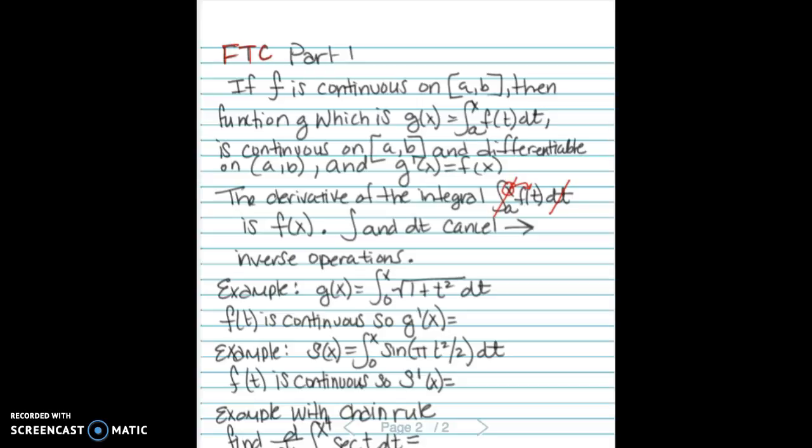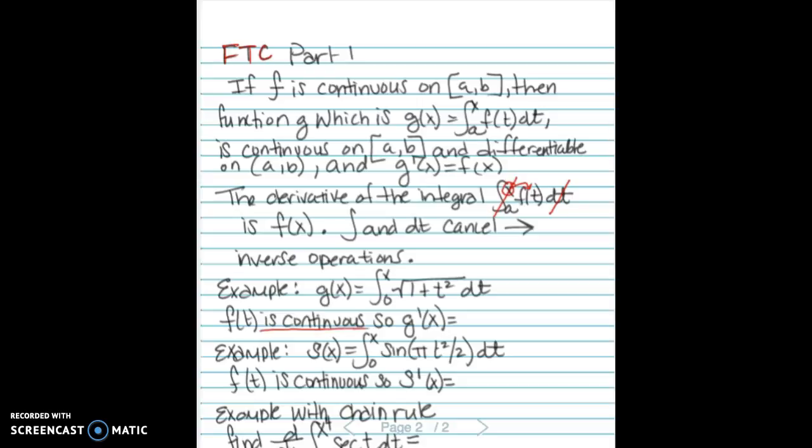g of x equals the integral from 0 to x of the square root of 1 plus t squared dt. The dt means I've already taken a derivative here. They want us to find g prime of x. We know f of t is continuous. f of t is our square root of 1 plus t squared.